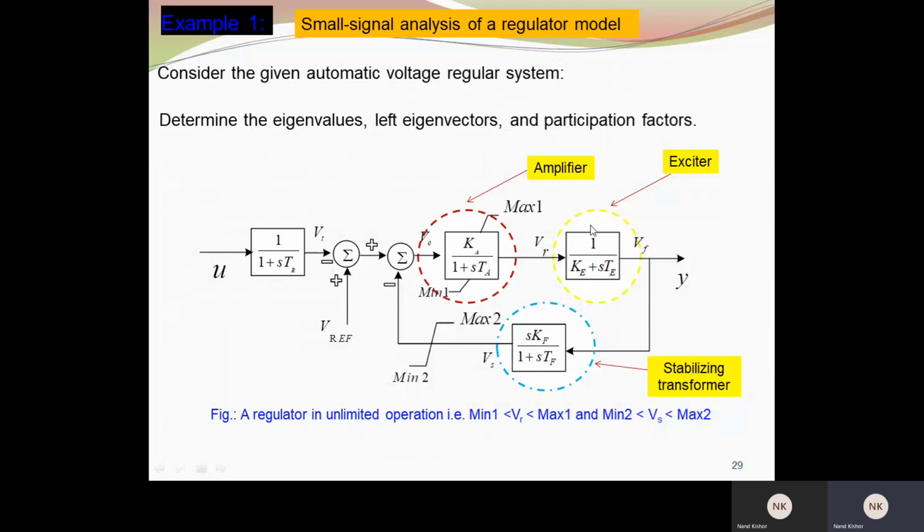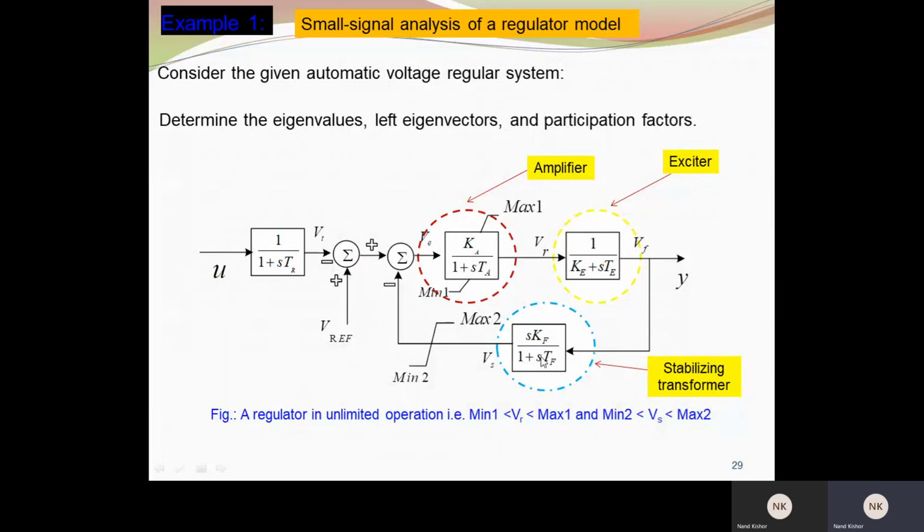Then the next element is the exciter, the field circuit of the synchronous machine, which we have represented by a first order element here. Then we also have the output of the field circuit, that is the voltage signal, which we get fed back through a stabilizing transformer.